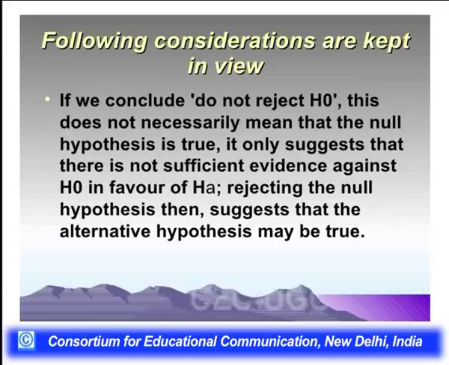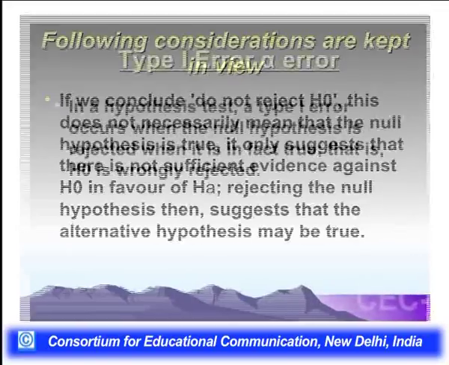Now if we conclude do not reject H0, this does not necessarily mean that the null hypothesis is true. It only suggests that there is not sufficient evidence against H0 in favor of HA. Rejecting the null hypothesis then suggests that the alternative hypothesis may be true. There are certain errors which we commit, type 1 error and type 2 error, in terms of accepting or rejecting the null hypothesis. So you have to be very careful in this regard.